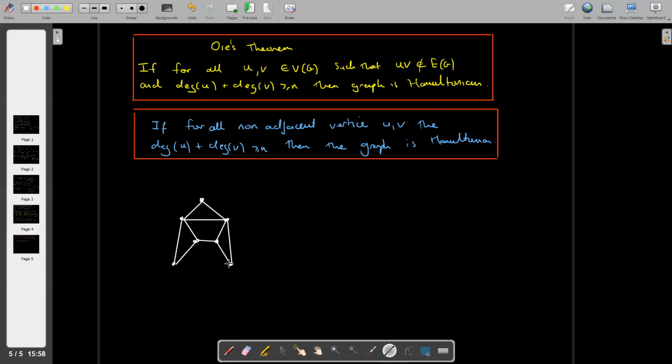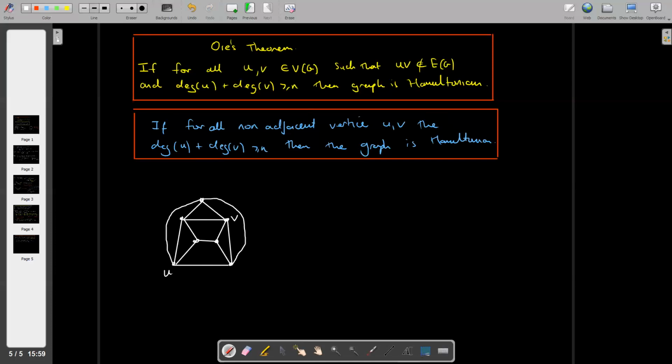So there we go. And up top. Okay, so let's call this U, let's call this V. They're non-adjacent. Oh, hang on. They are adjacent. Let's find one here. There, U and V. So they're definitely non-adjacent.